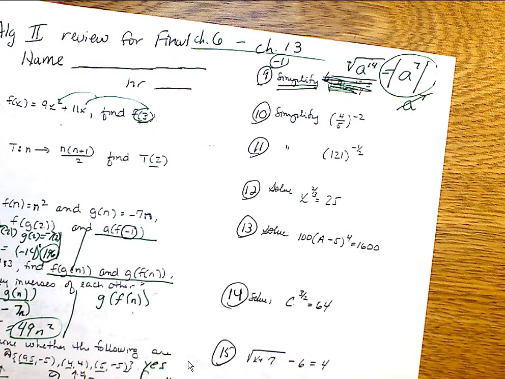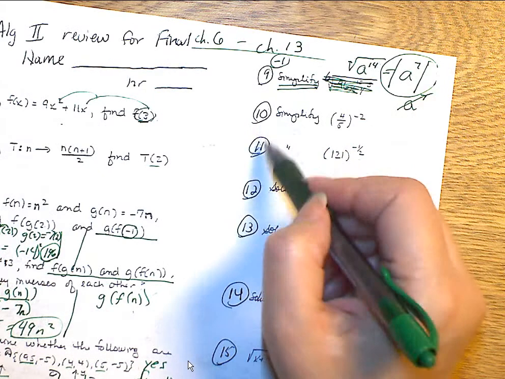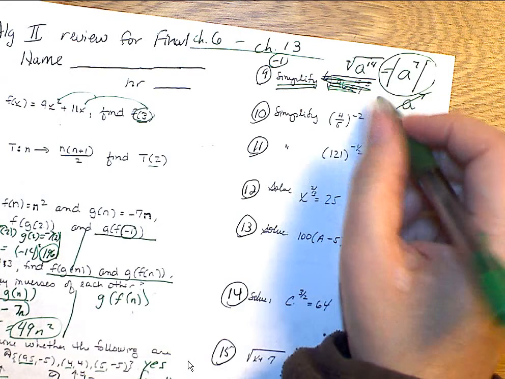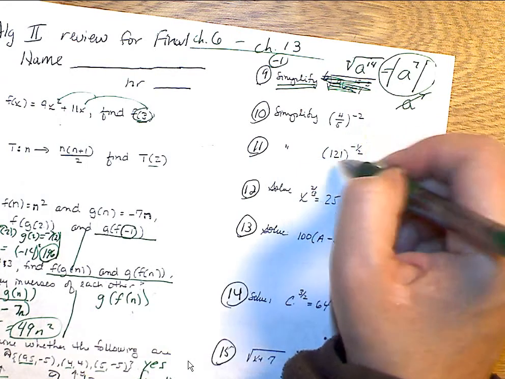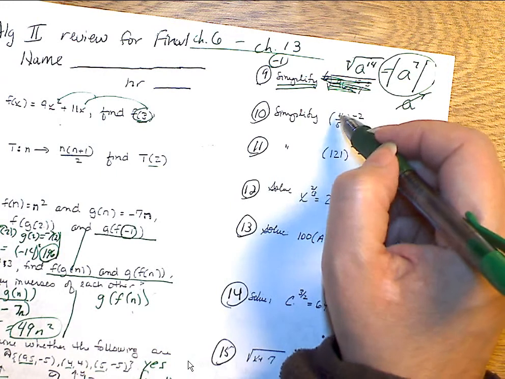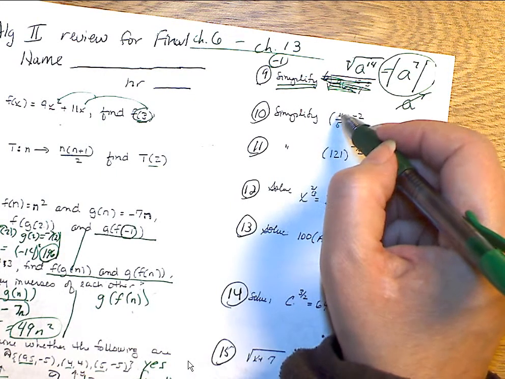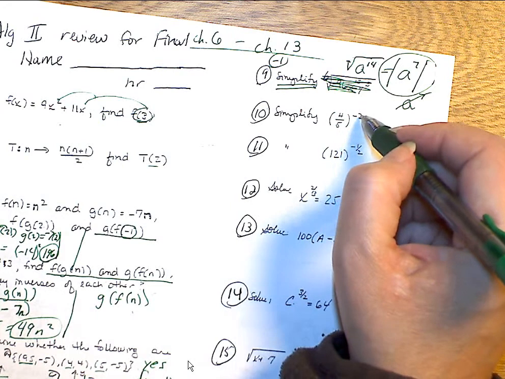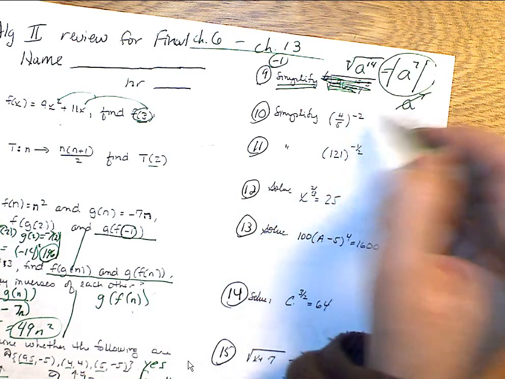I should have time. All right, I'm actually going to do 10 and 11. What I would suggest, especially if you have a calculator that does fractions, is to put it in your calculator as (4/5) raised to the -2, but you have to put parentheses around the -2 and then math fraction it.